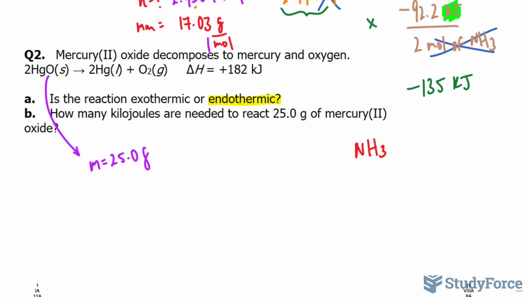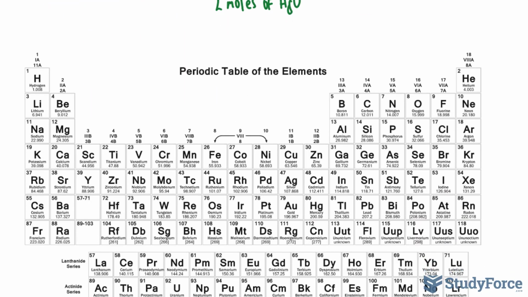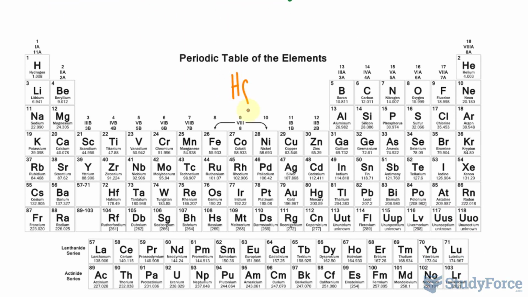Just as before, we can do the same thing. We can write down that 182 kilojoules per every 2 molecules or 2 moles of HgO. We've been given the mass, and we can also find the molar mass using the periodic table. So we're using HgO.